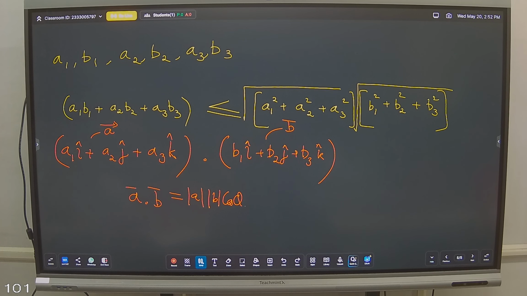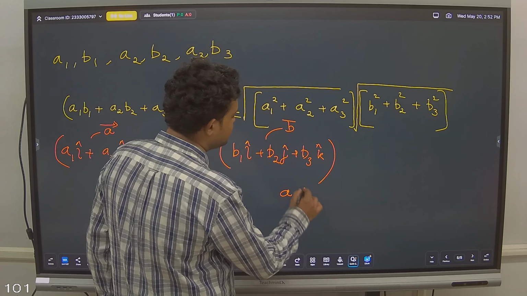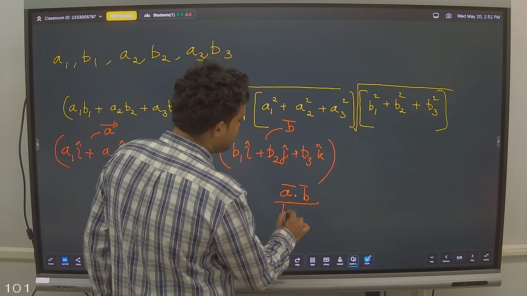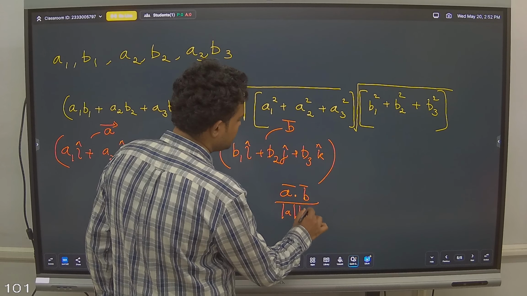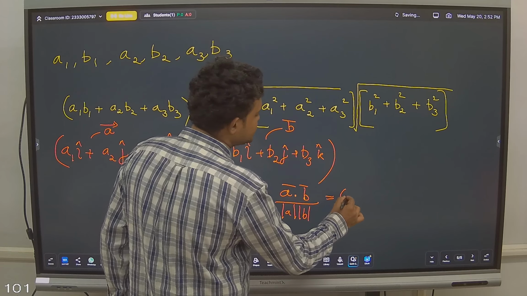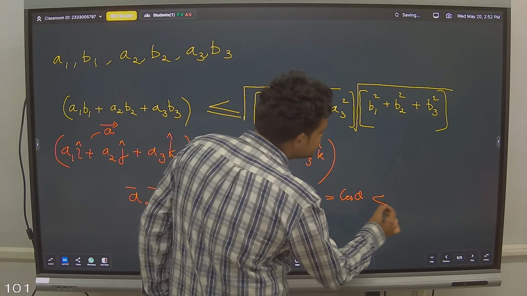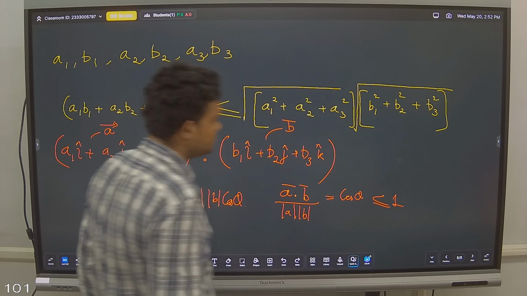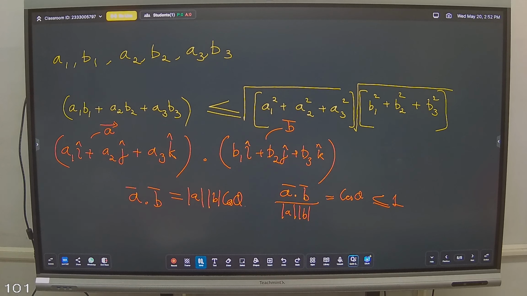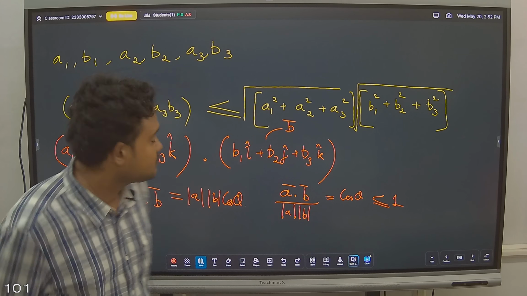Or you have A dot B by mod A mod B is equal to cos theta, which is less than or equal to 1. Cos theta is always less than or equal to 1, correct? So A dot B has to be less than or equal to mod A mod B, which is what I have written.